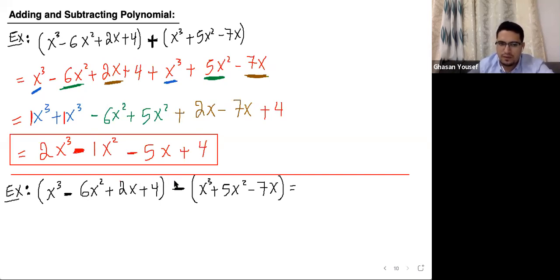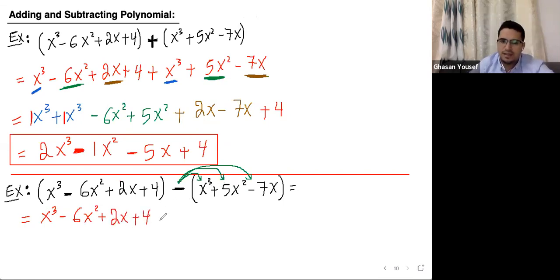But before we remove the parentheses, here we see minus. So the minus sign must be distributed inside the parentheses to remove them. I mean, the minus should go down inside the parentheses. We have to distribute the minus inside the parentheses.